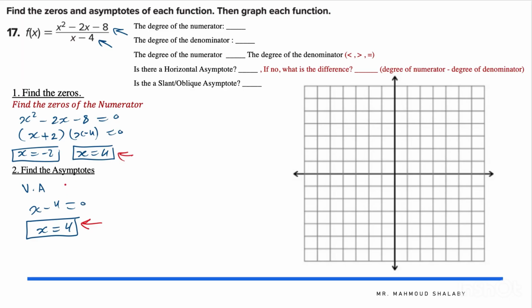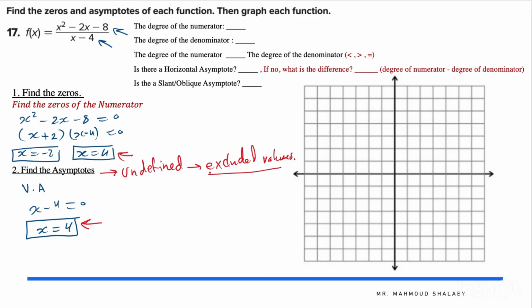However, when we find the vertical asymptote, if you remember at the beginning of this part, we said it's where the values of the function are undefined, or we said this represents the excluded values of the function. What do we mean by the excluded values?